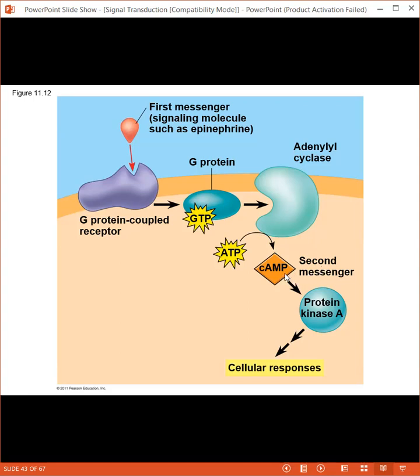That second messenger activates protein kinase A, and that protein kinase in turn generates the cellular responses.